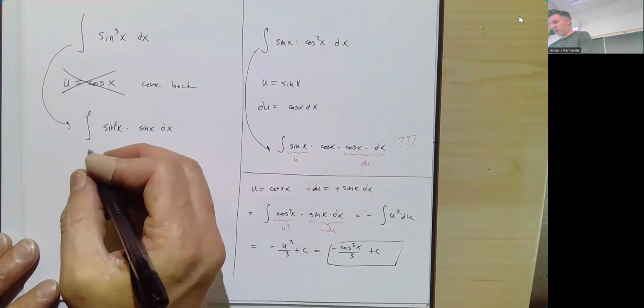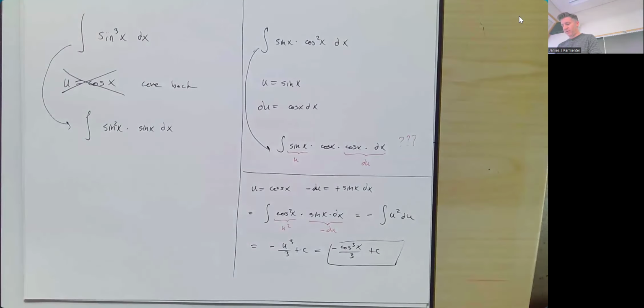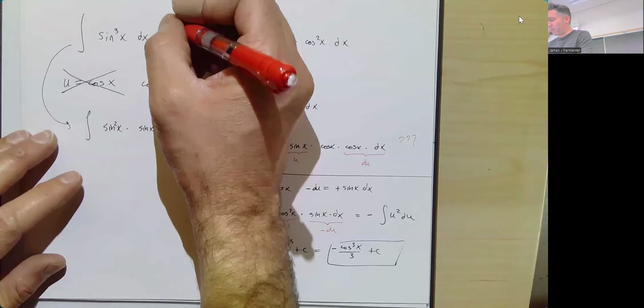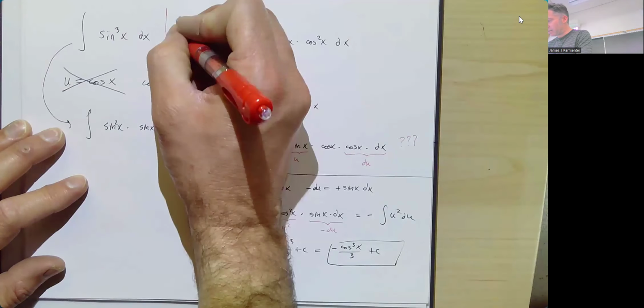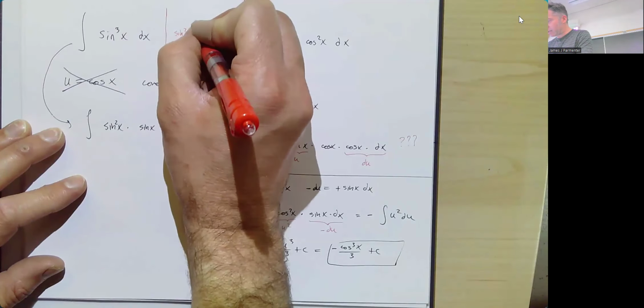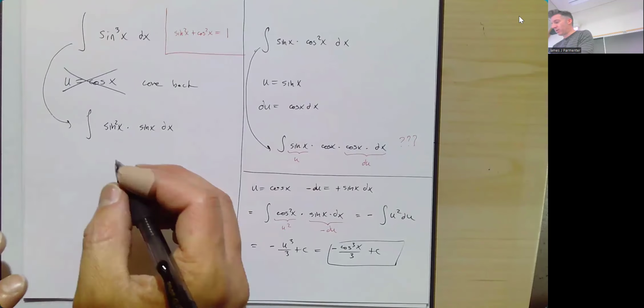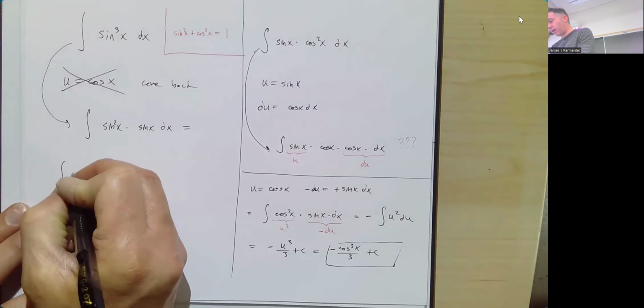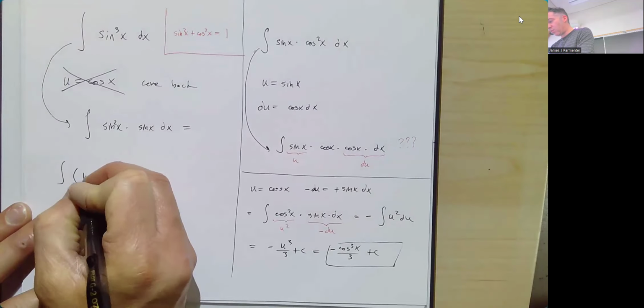So sine squared, I will remind everybody of one of my favorites, that sine squared x plus cosine squared x equals 1. Which means sine squared of x is equal to 1 minus cosine squared of x. So I can rewrite this as the integral of 1 minus cosine squared x times sine of x.